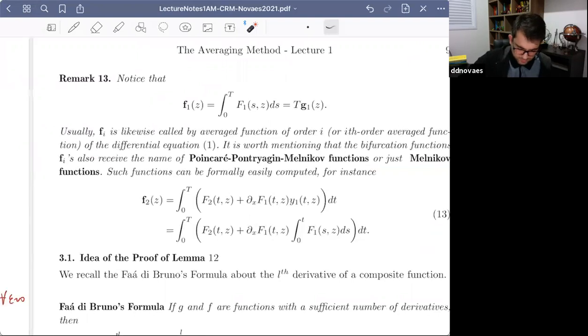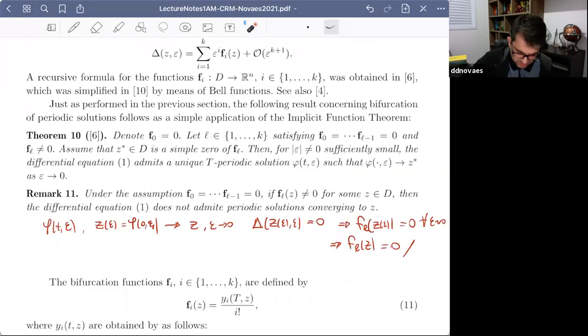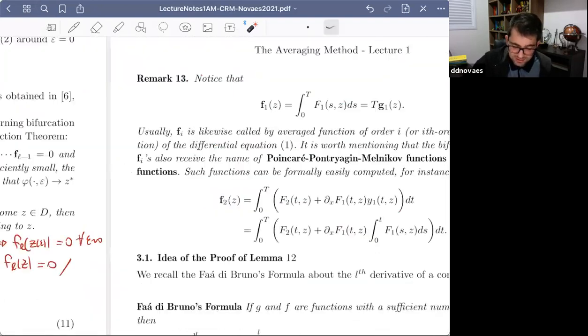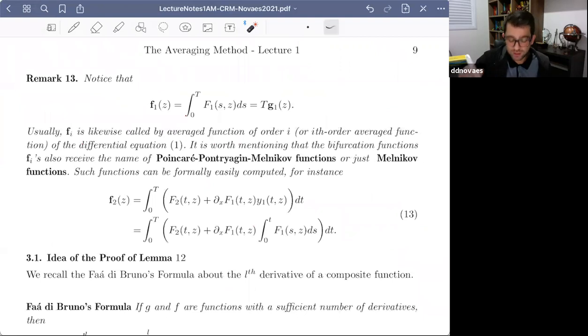Okay, so when we compute the first order bifurcation function f1, we see that this is equal to the integral between 0 and capital T, the period, of f1 of z. It's just to apply this formula. And this is actually T multiplied by the first order stroboscopic average function.